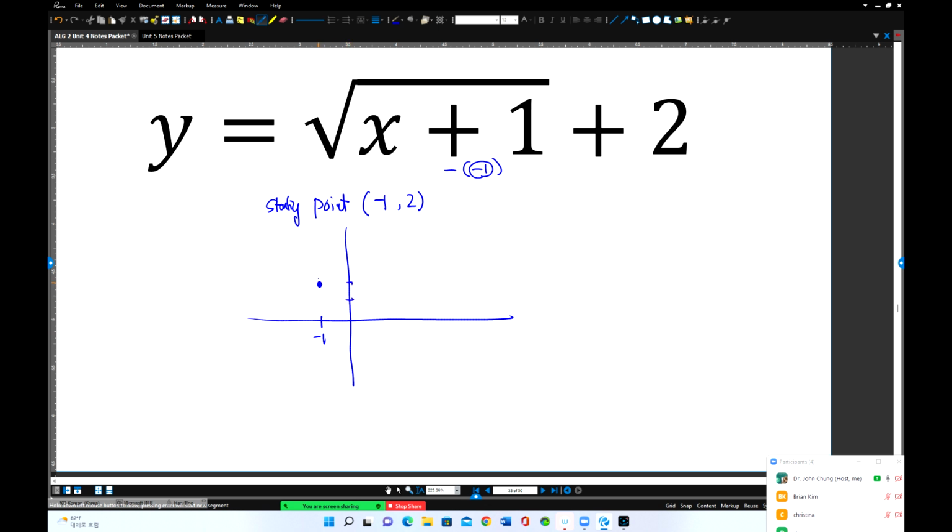This is our starting point. This is positive, x is first, so the graph looks this way. What is the domain? x is greater than or equal to negative 1. Where is the range? This is the minimum. The range is y greater than or equal to 2. Okay?